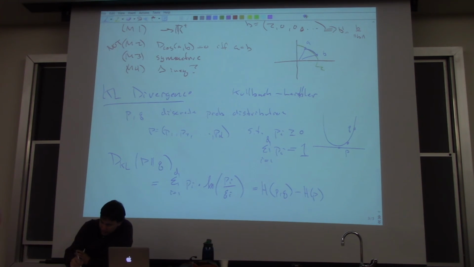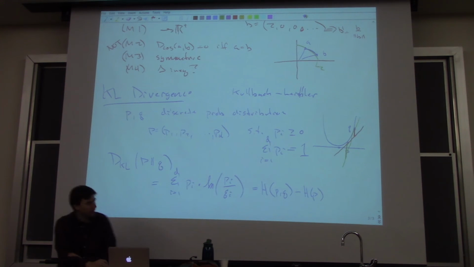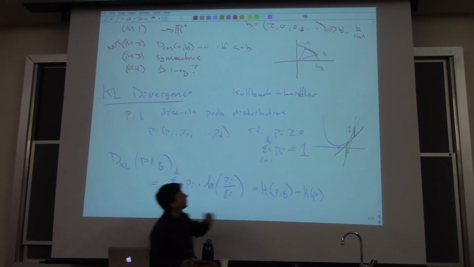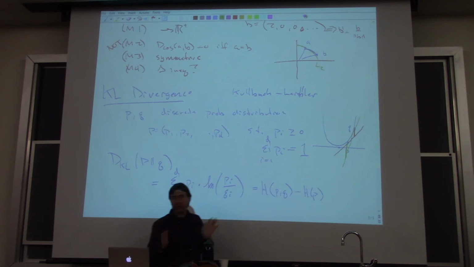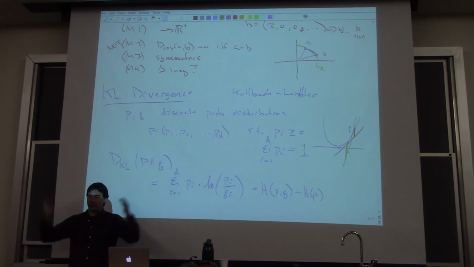If I draw a tangent plane at P, then the divergence is the height at the value Q. All divergences have this sort of property, and going the other direction it could be much larger one way than the other, based on the slope of the parabola, which is usually steeper the further out you go.